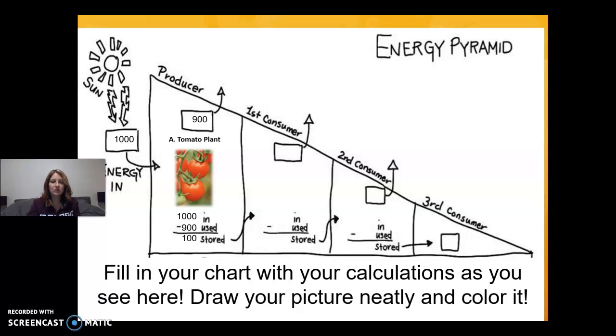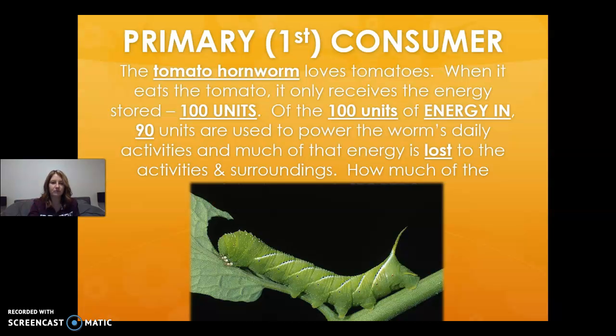It's going to give off only 10% of what it got. So instead of giving 1,000 units of energy to the next trophic level, it's only going to give 100 units of energy to the next trophic level. Why? Because 10% of 1,000 is 100. Tip: you can take off one 0.